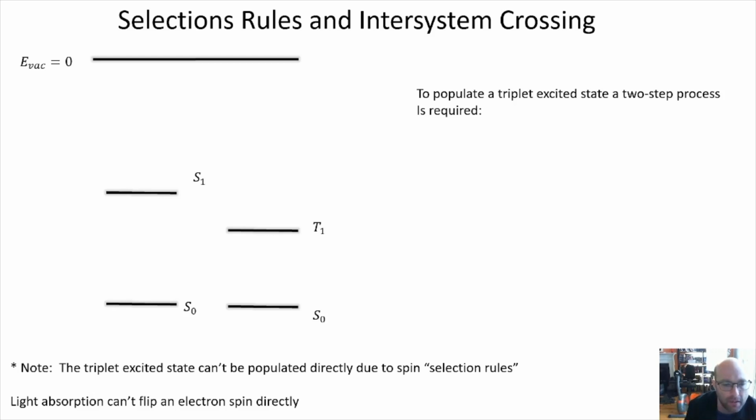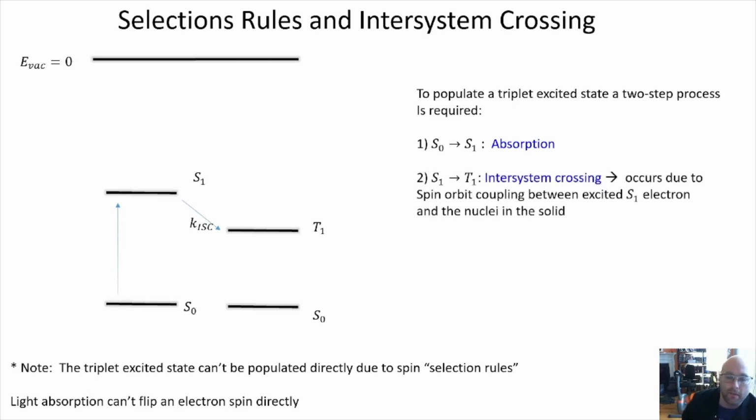So how do you make a triplet exciton? You need to have some process called intersystem crossing. The idea is you're going to directly populate the singlet exciton by light absorption, S0 to S1. And then somehow you have to convert the singlet excitons into triplet excitons. And that's called an intersystem crossing. It most often occurs due to spin-orbit coupling that the electrons in the excited state feel due to heavy nuclei in the material.